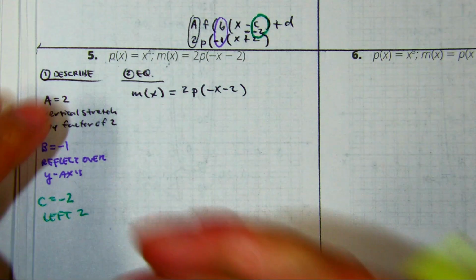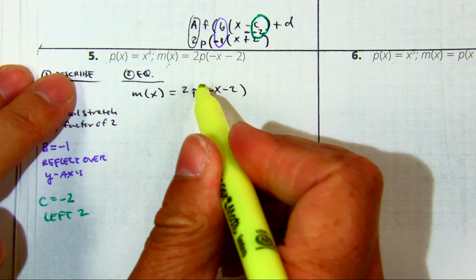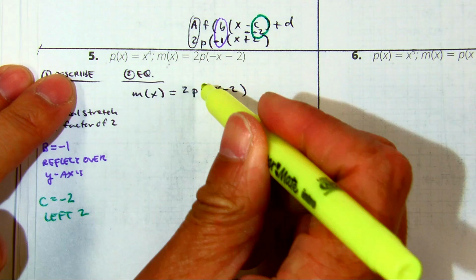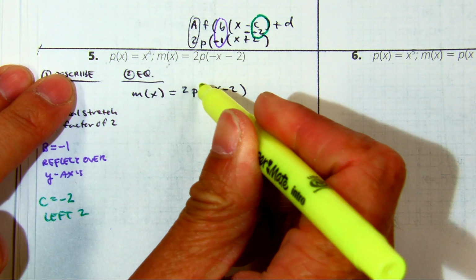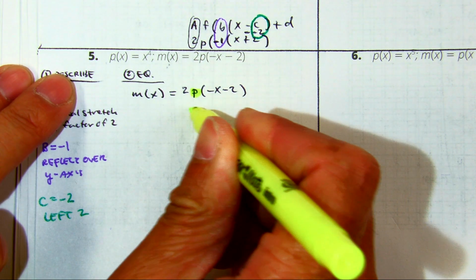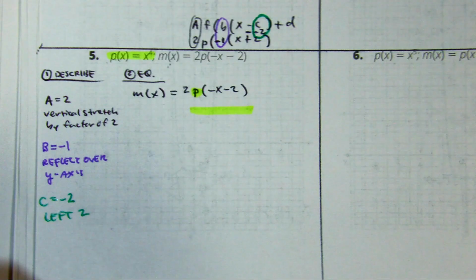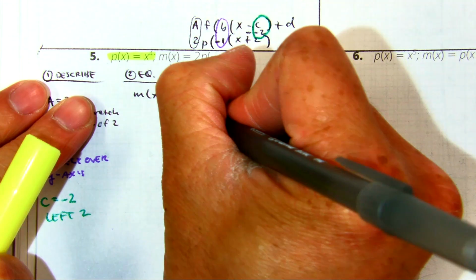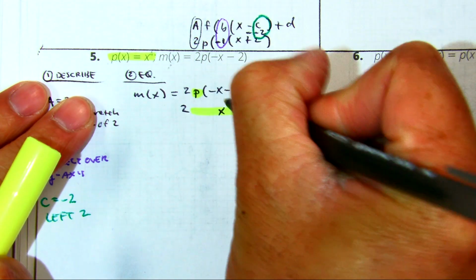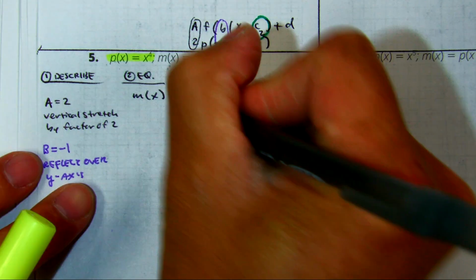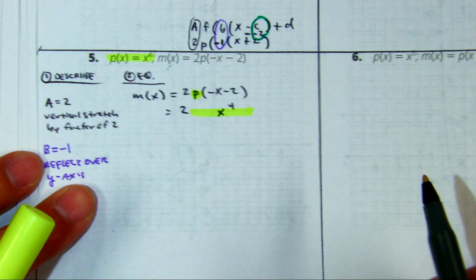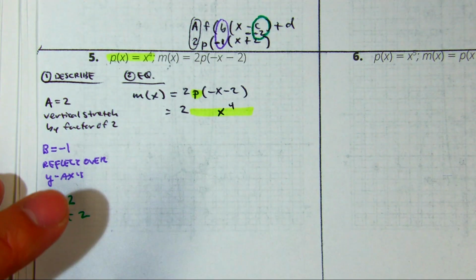So here's the first one. Over here, it tells me to write m in terms of p. So I have this p here, and p is x to the 4th. So I have 2 times x to the 4th power. But we don't stop there.